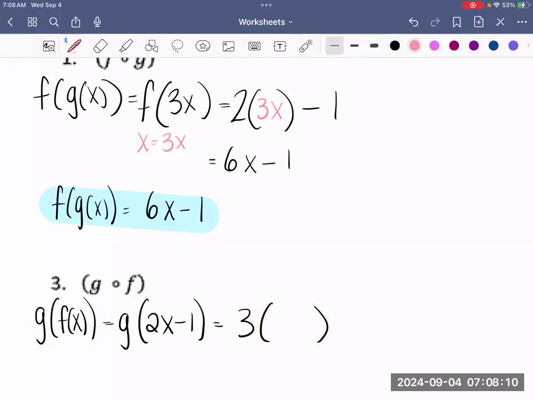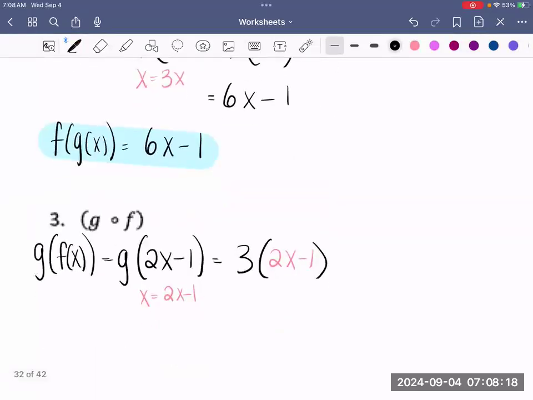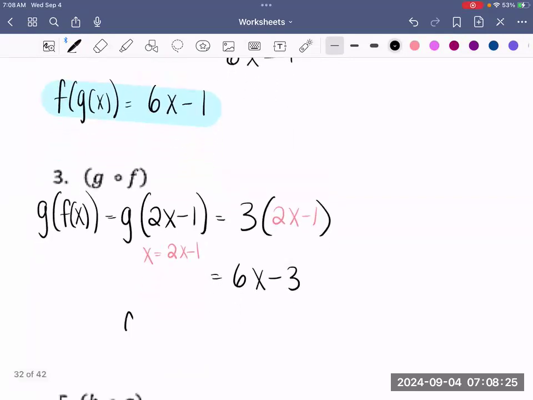And this just says we're going to replace x with now 2x minus 1. Expanding a little bit, 6x minus 3. This is going to be your new function. g of f of x is equal to 6x minus 3.